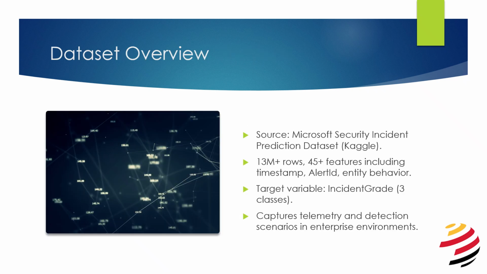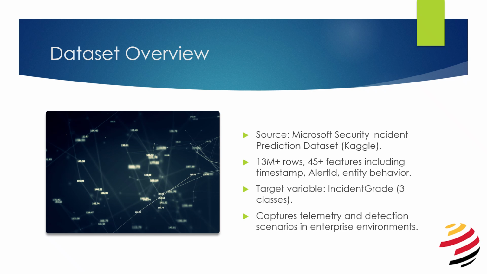To begin addressing this challenge, the Microsoft Security Incident Prediction dataset from Kaggle was used. It includes over 13 million rows and 45 plus features such as timestamp, alert ID, and entity behavior. The target variable, incident grade, has three classes: true positive, benign positive, and false positive.